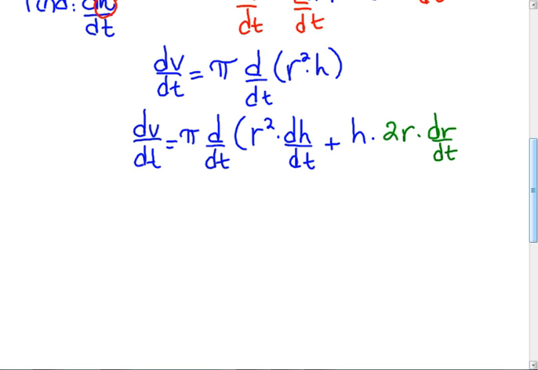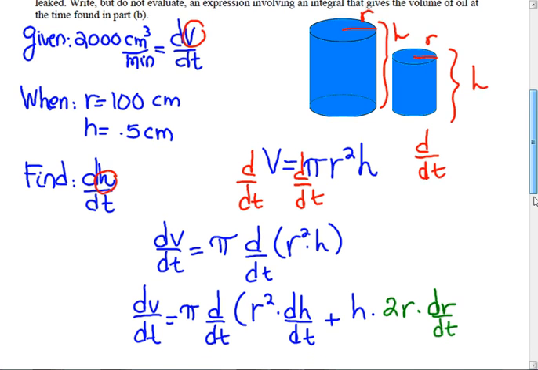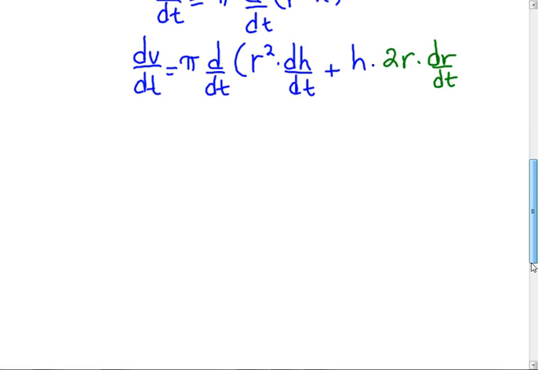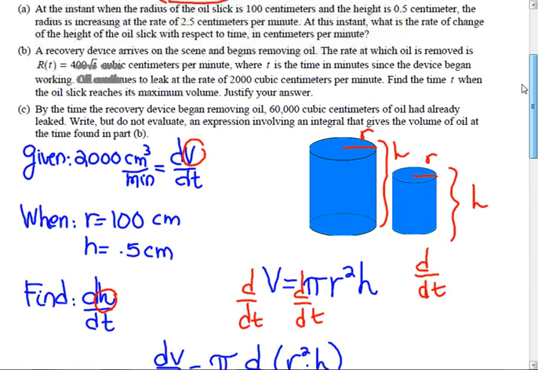Is that zero? Is the radius changing? Yes. How do I know? Because they told me they both changed. I don't have a dr/dt here. I was hoping I did, but they didn't. Oh, I do have that there. That's right. I missed something. What else do I know?